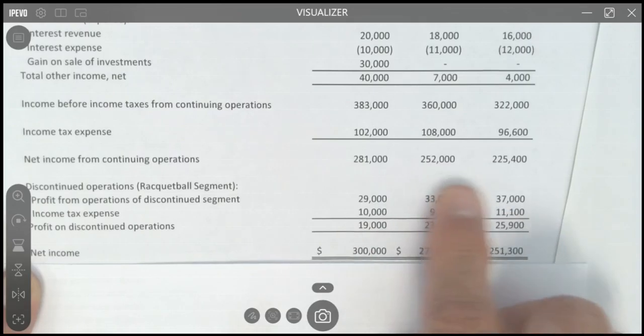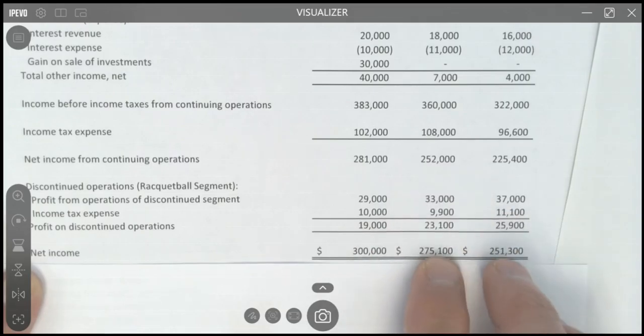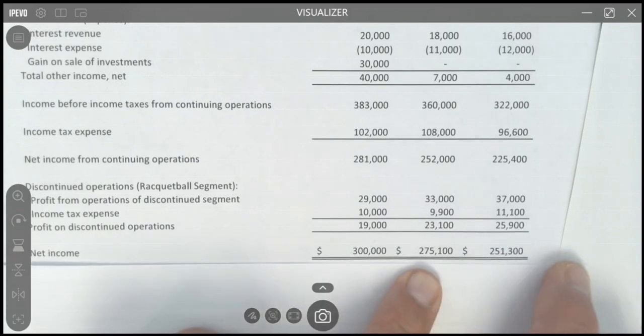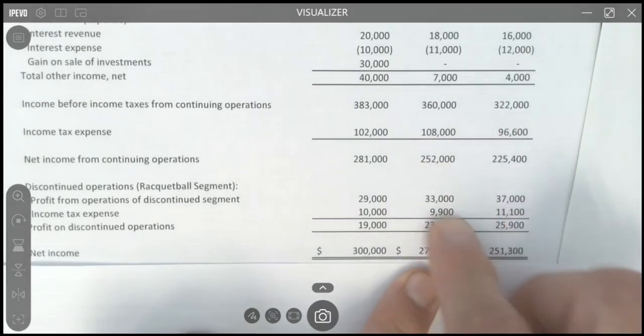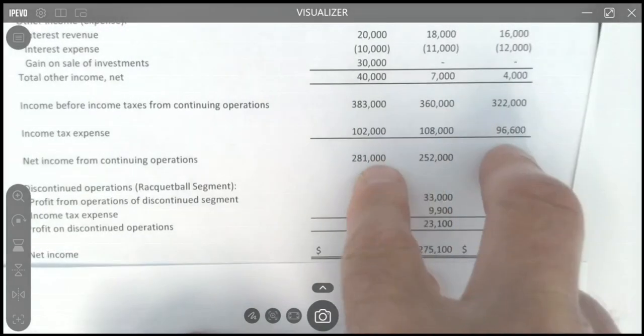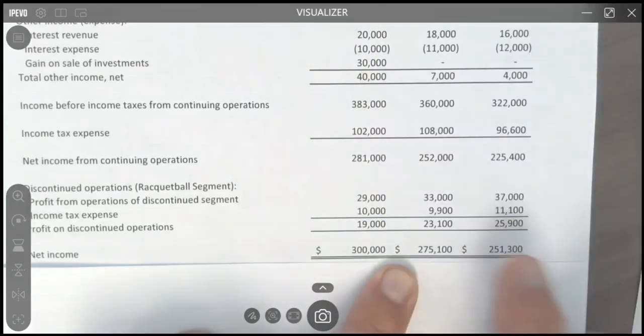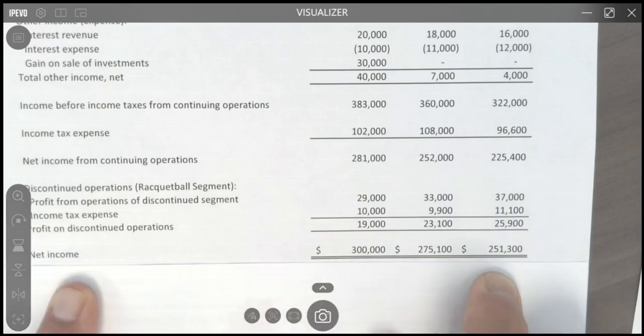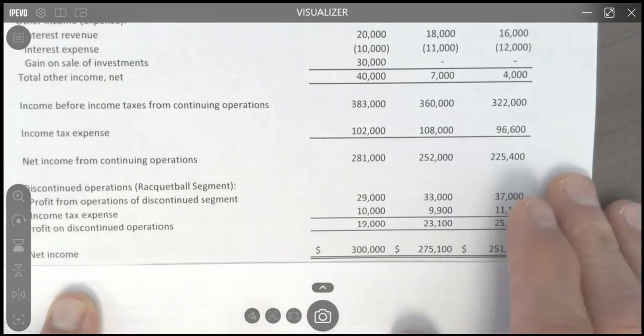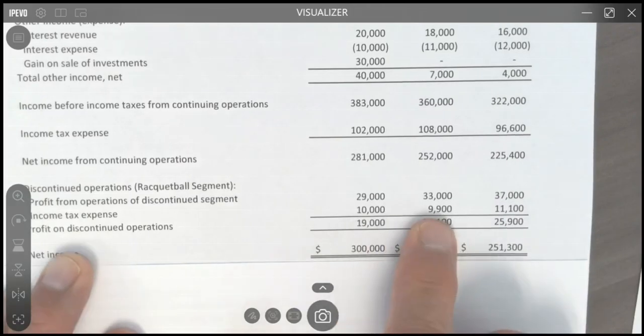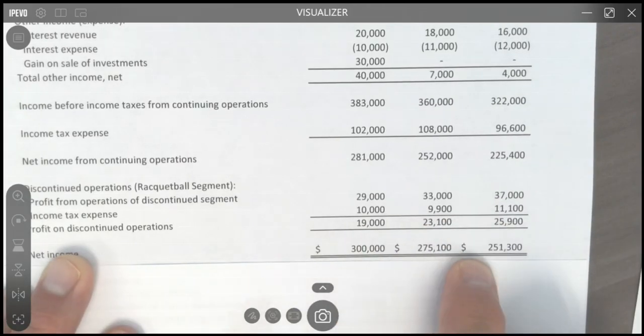This wasn't on the income statement when we reported those in the years they were earned. So you saw this column, and yet another column, 2021, on last year's income statement, but it didn't have this information. It just had everything above here, with the results from both segments. So the key point here is that we have to show the discontinued operations for all years shown.